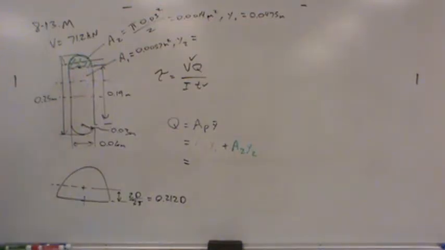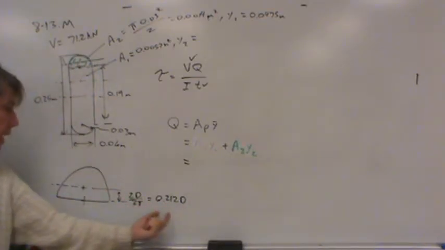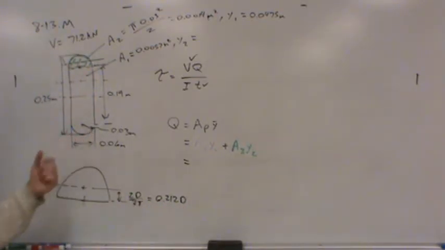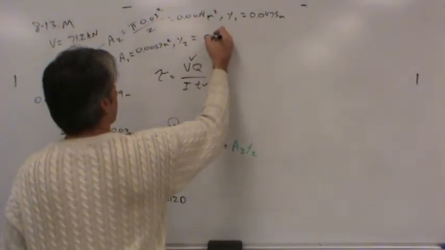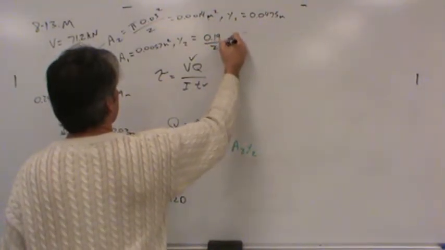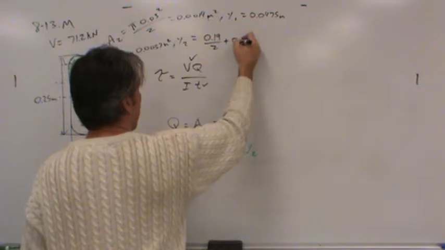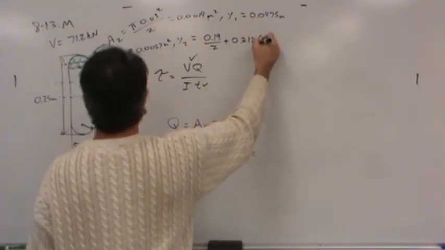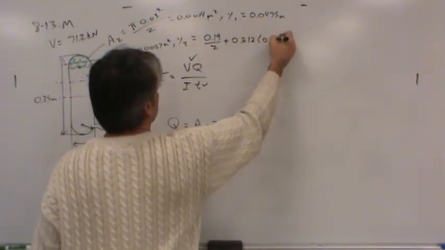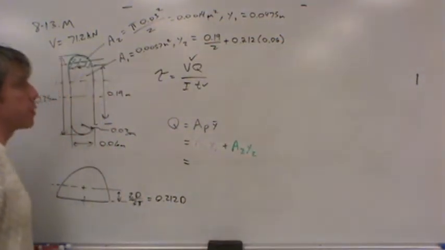Well, Y2 is a little more tricky. We've got to take half of 0.19 and add to it 0.212 times 0.06. Okay, so let me write that out. 0.19 over 2 plus 0.212 multiplied by 0.06. And both of those are meters.